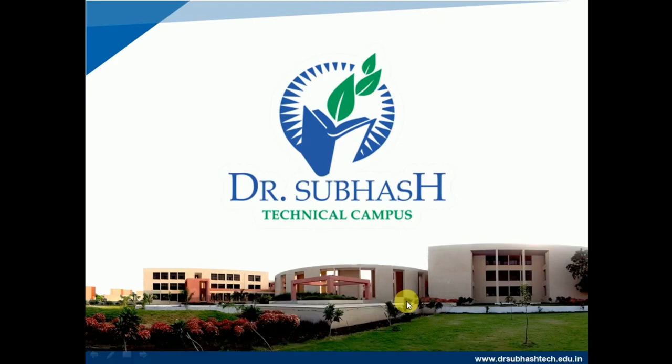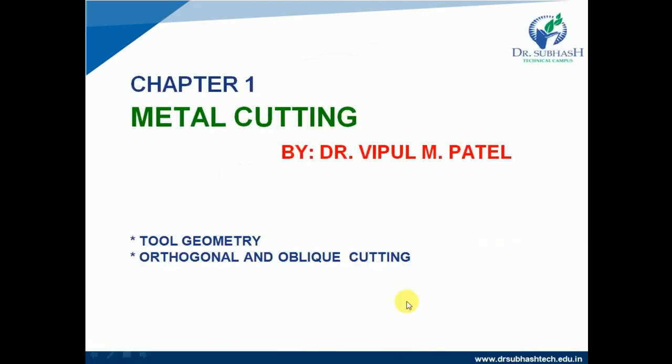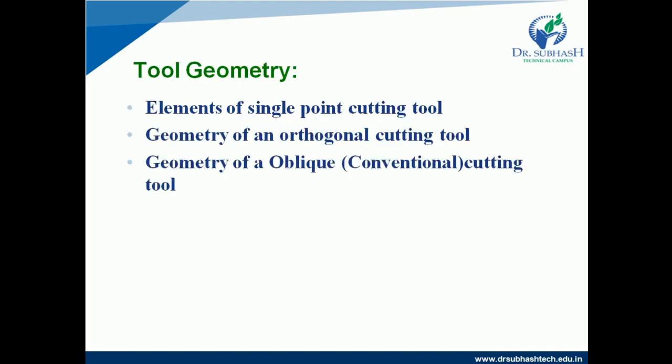So in today's lecture you can see in the slide, from chapter number 1, metal cutting, the topic is tool geometry and orthogonal and oblique cutting. Tool geometry, elements of single point cutting tool. We can say the geometry of an orthogonal and oblique cutting tool.